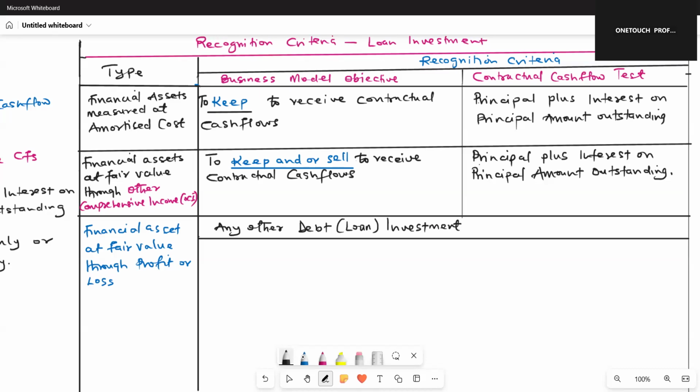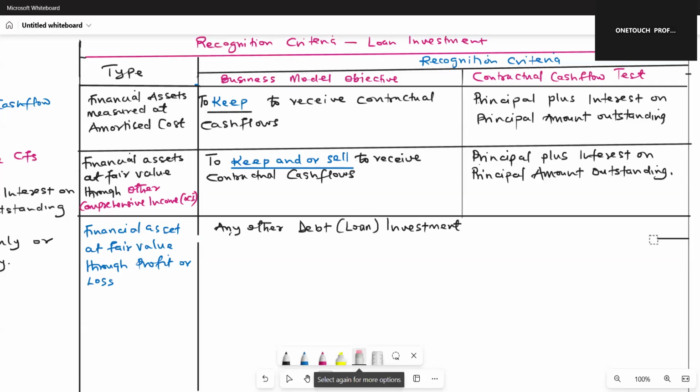So, for example, where only principal or only interest will be received.